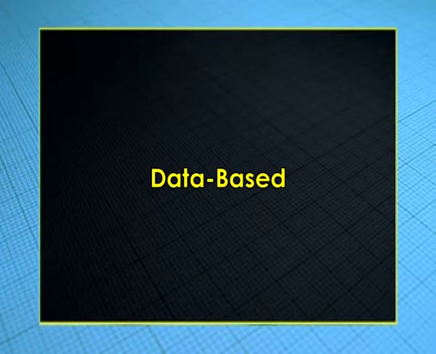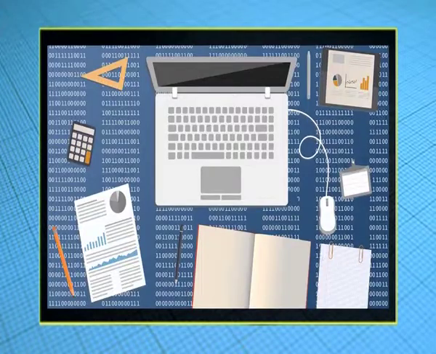The factors to be considered while developing curriculum are: number first, data-based. The contemporary career and technical curriculum cannot function properly unless it is data-based. Decisions about whether or not to offer a curriculum need to be founded upon appropriate school and community related data.